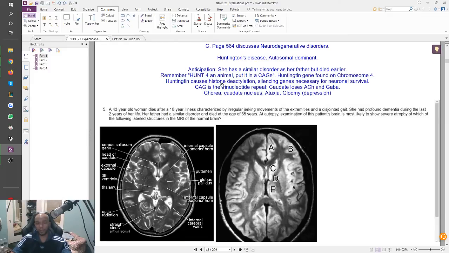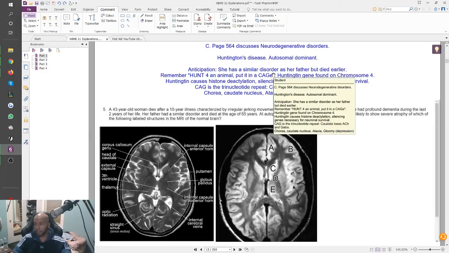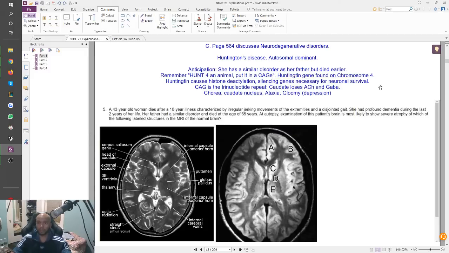Remember, hunt for an animal and then put it in a cage, CAG, right? CAG is the repeat, the triplet repeat in Huntington disease. Huntington gene is found on chromosome 4, which the word hunt has 4 letters, or you could think of the number 4 here. Huntington causes histone deacetylation, which then silences genes that are necessary for neuronal survival.